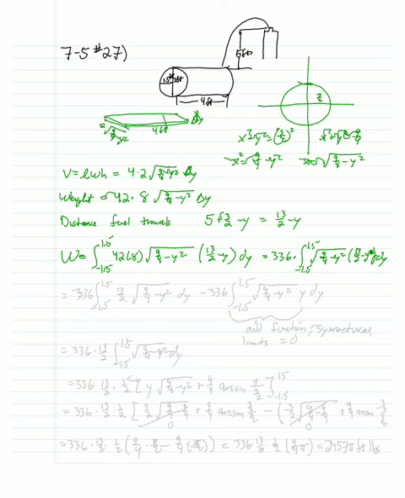If I split up that integral, the difference of 13 halves minus y, I'd have 336 times the integral from negative 1.5 to 1.5, and I forgot my 336.